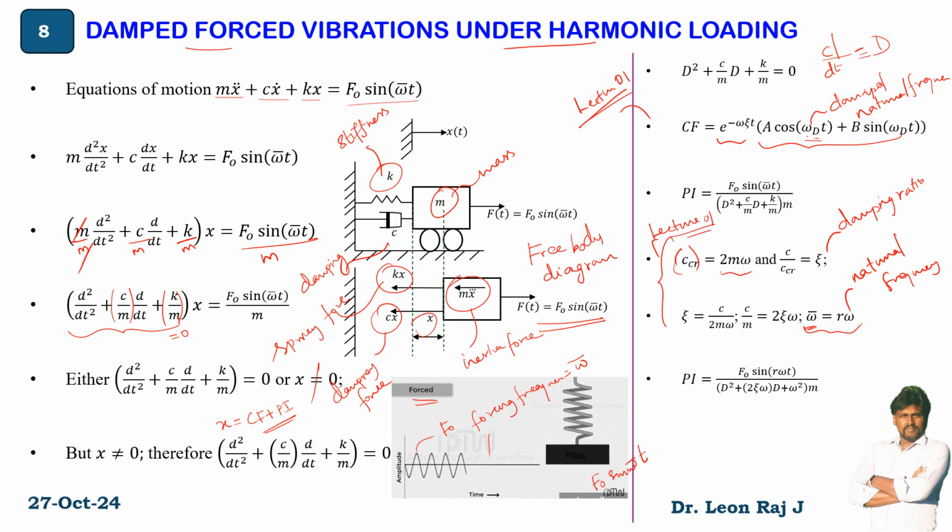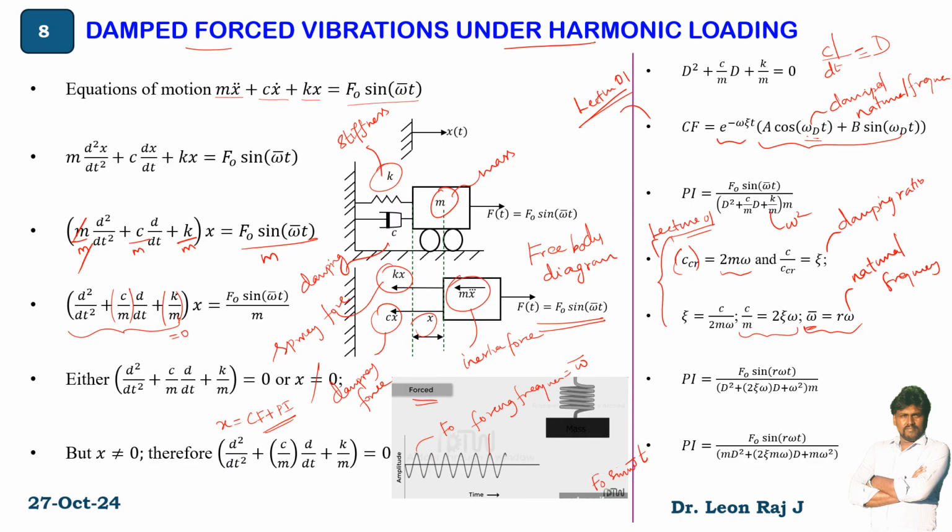So PI means particular integral: f0 sine omega bar t. c by m is rewritten as 2 xi omega, and k by m is nothing but omega square. So your particular integral is equal to f0 sine r omega t, since omega bar is r omega, divided by d square plus 2 xi omega d plus omega square, into m.